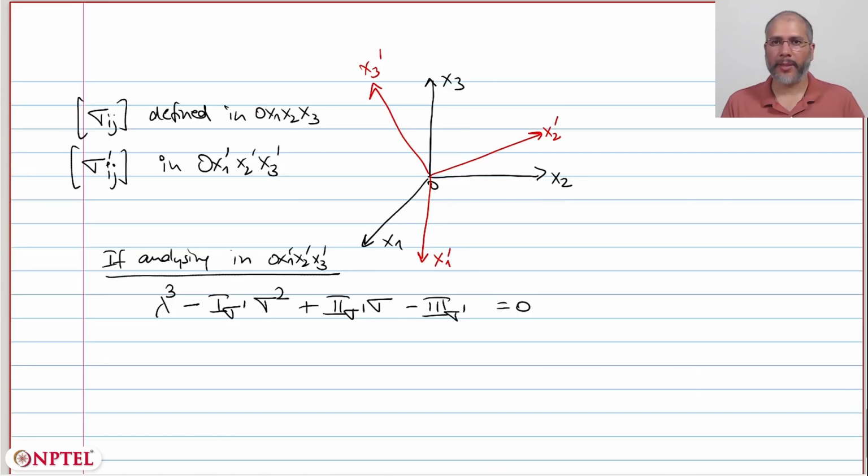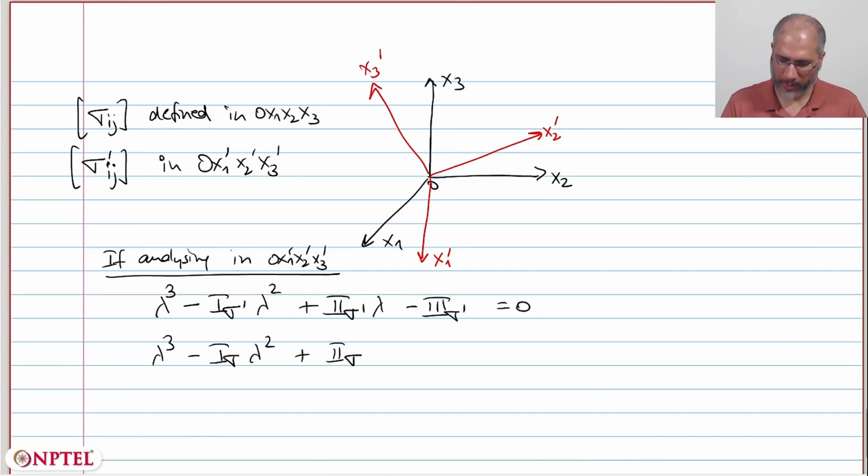But we know that these invariants do not depend on the coordinate system in terms of rotations. So what that means is that I sigma prime is the same as I sigma. Sorry, these were lambda squared and lambda. 2 sigma prime is the same as 2 sigma, and 3 sigma prime is the same as 3 sigma.